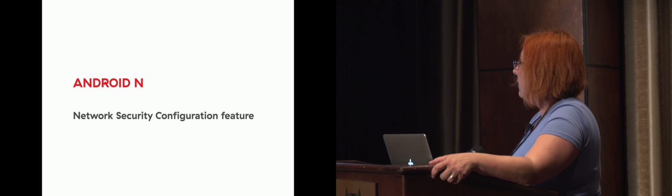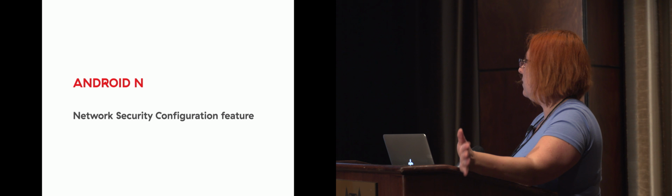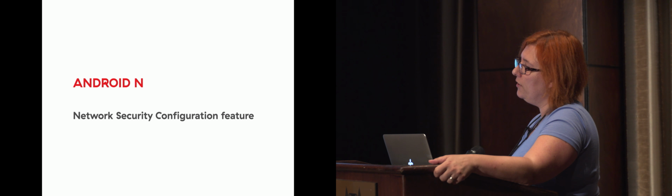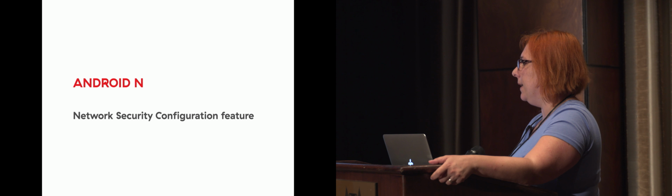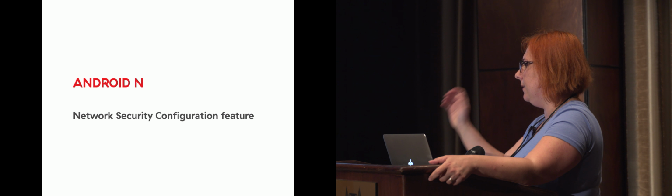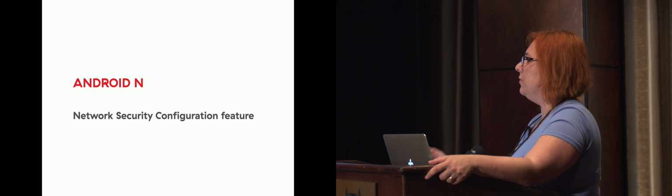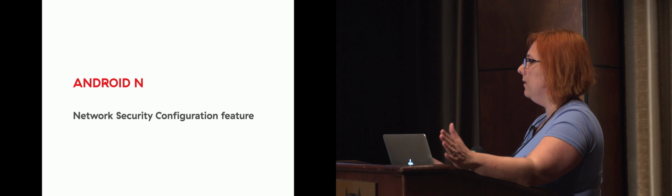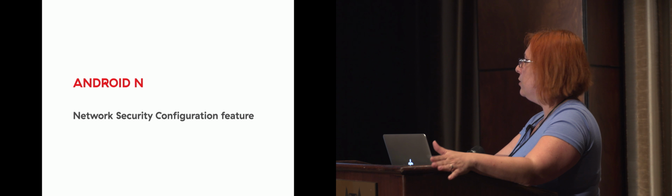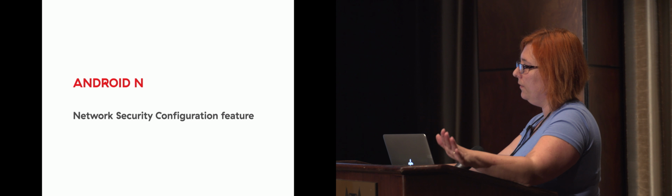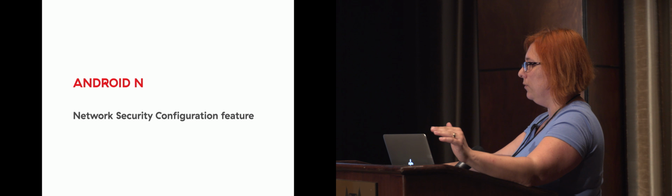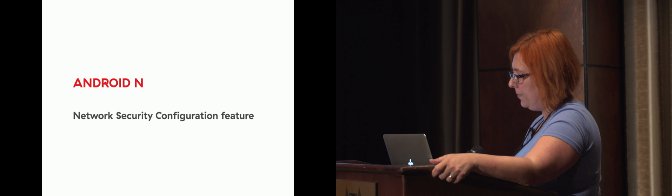So another thing is, with the coming of Android M, we have a network security configuration feature, which basically means all the stuff we did with certificate pinning, clear text data, and other stuff, you don't need to do in code anymore. So you have one unified file which allows you to set all the security features, exclusions, inclusions that you want working for your app.